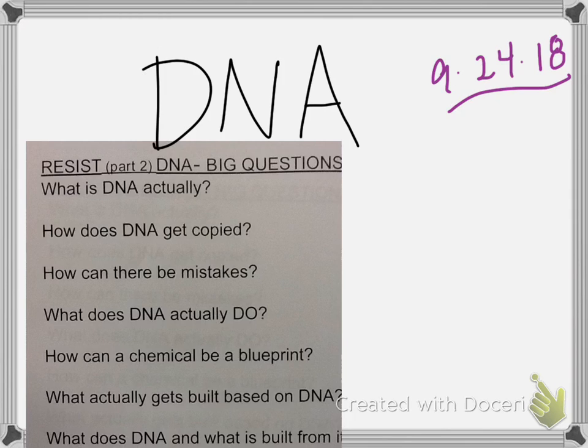What does that mean? Traits. You're just throwing out stuff. Yeah, but how does that happen? What actually gets built? Devin's freckles? Moser's hair? Why does that plant have burgundy leaves versus that plant having green leaves? How can that be based on a chemical? It's not logical. It doesn't make sense.